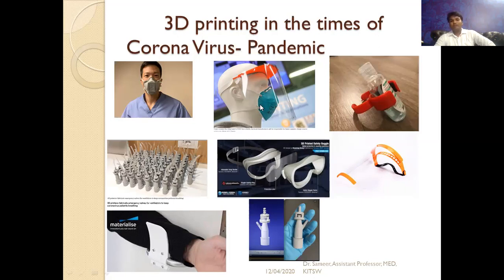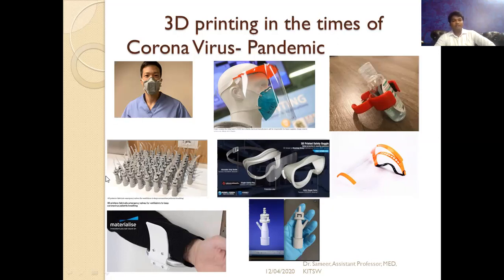So the 3D printing technology could manufacture a face shield which would help the frontliners, and also a 3D printed model where we can hold the sanitizer. This is also one of the recent applications of 3D printing technology.